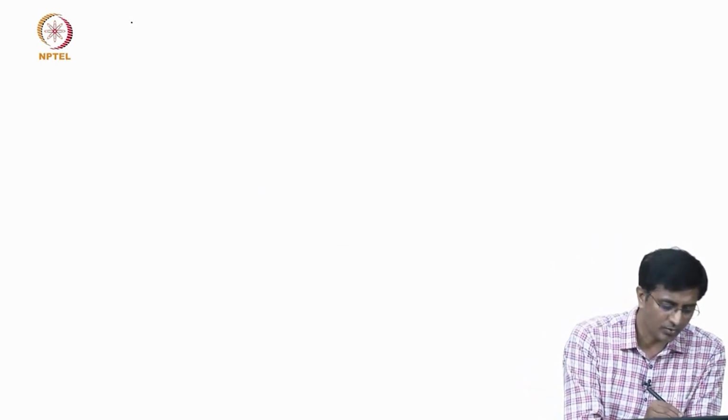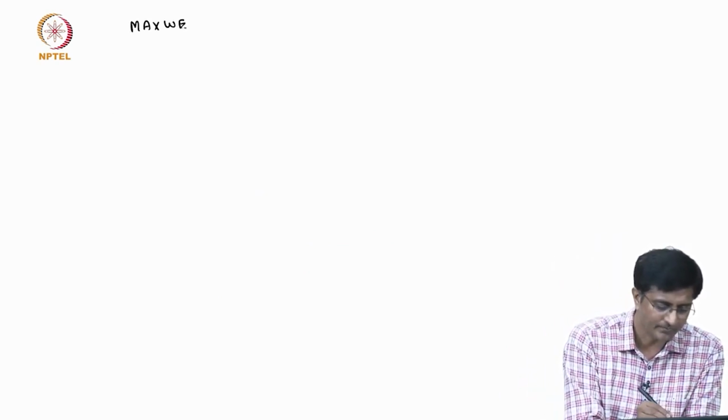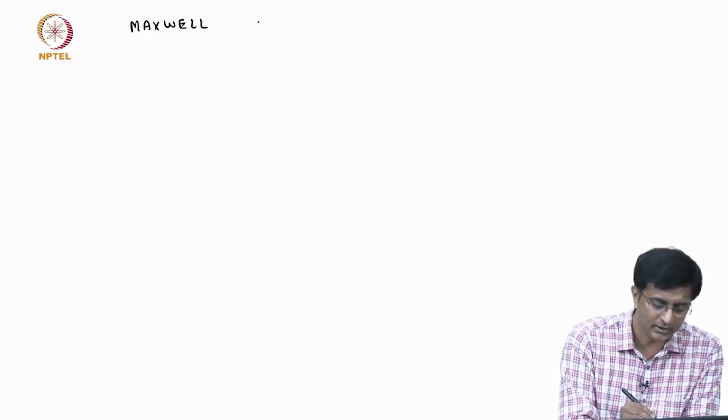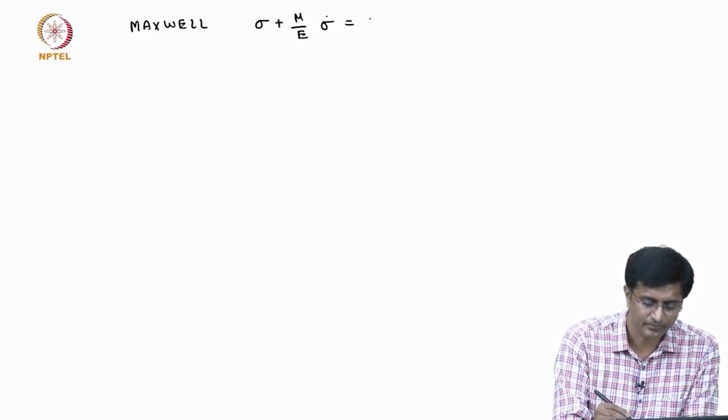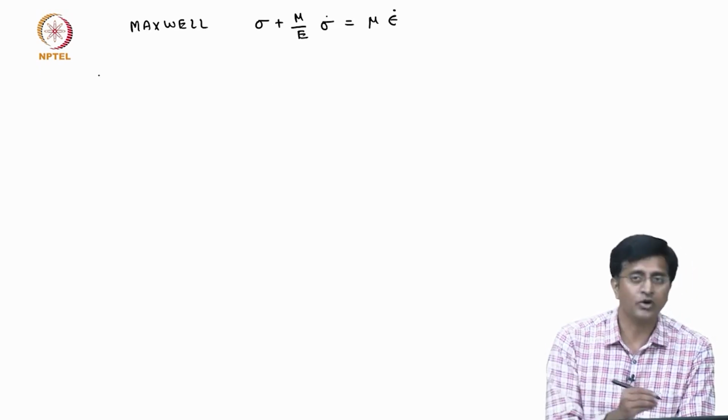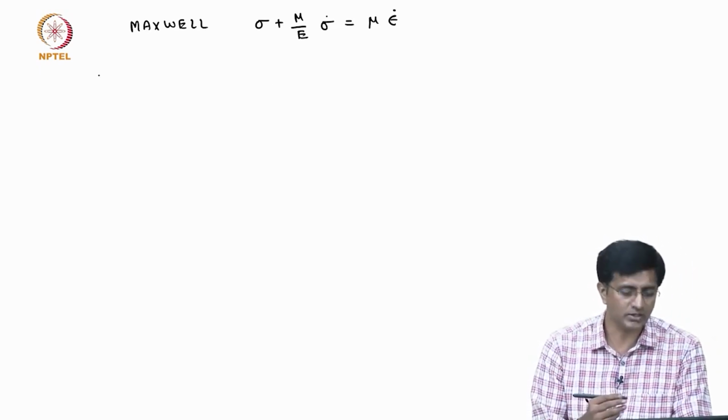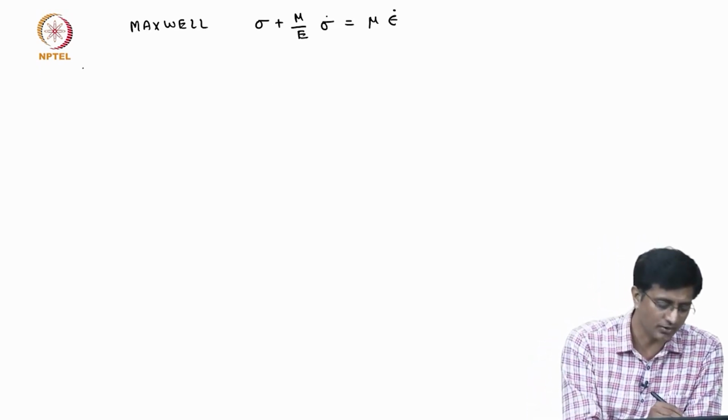So, we are again talking about Maxwell. Let us again write the equation. And we said now we are interested to look at the response under constant strain rate load.